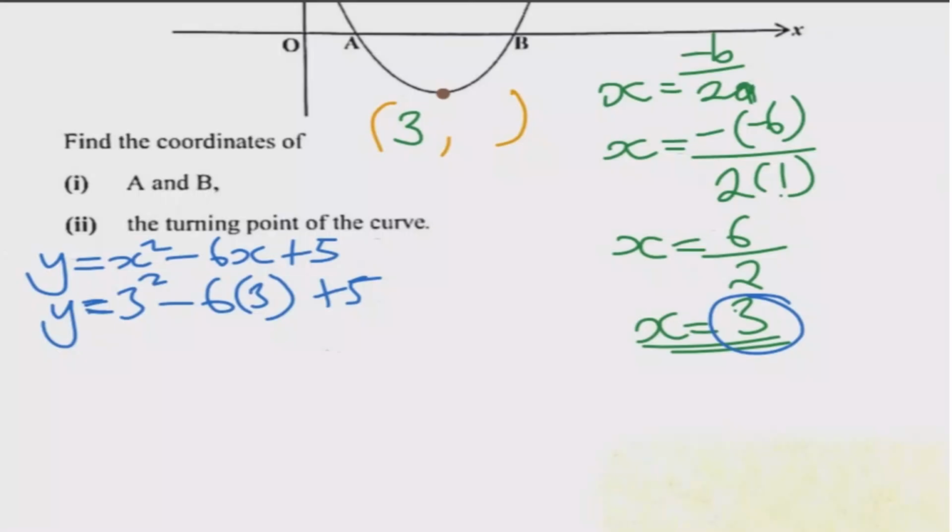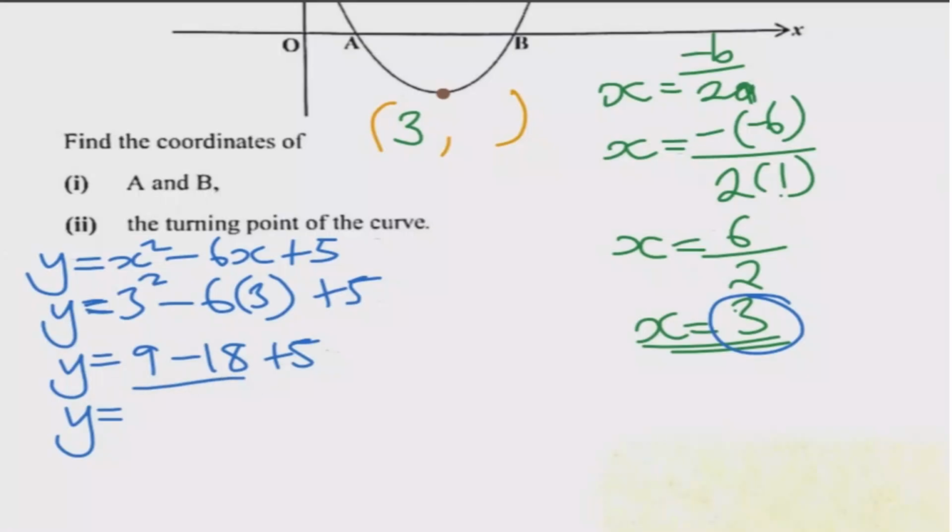Now I'm going to evaluate these numbers. y is equal to, so 3 squared is like saying 3 times 3, which gives us 9. Then negative 6 times 3 gives us negative 18, plus 5. Now let me write further. First let me focus on 9 and negative 18.